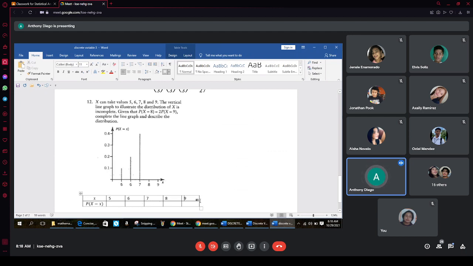Okay, so this is the distribution table.